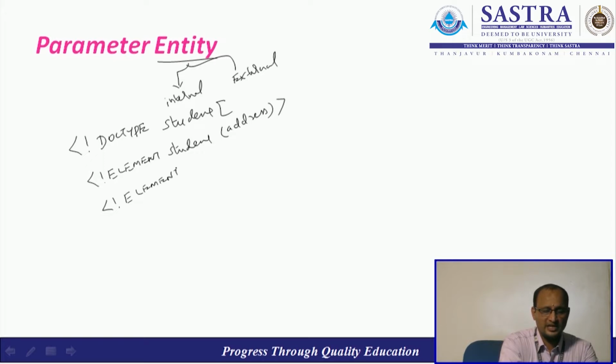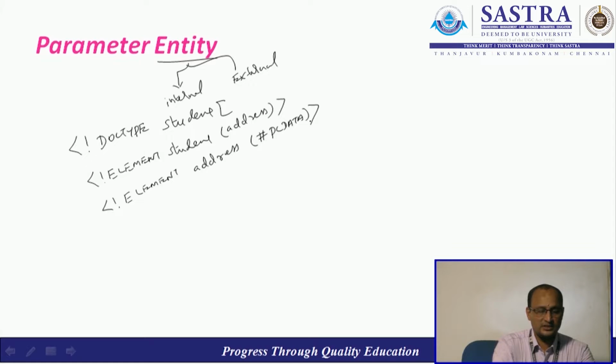So ELEMENT is a keyword used for defining the student element as well as the address element. Address #PCDATA. Afterwards, we would like to add parameter entity. Usually we write this is the way.